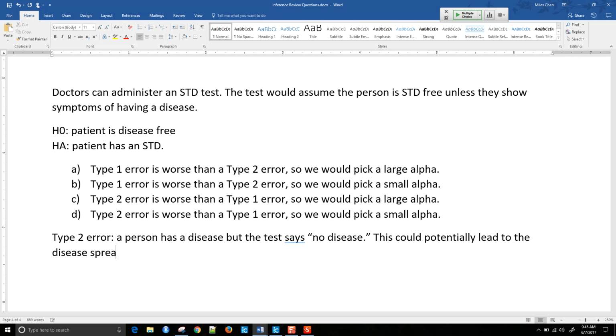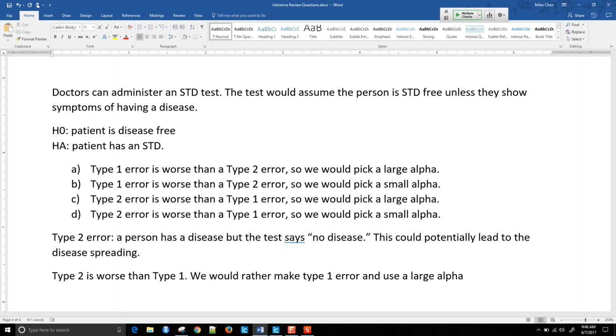And so this is worse. So type 2 error is worse than type 1. We would rather make type 1 error and use a large alpha, because a small alpha would mean we avoid type 1 error, but the cost of avoiding type 1 error increases the risk of type 2 error.